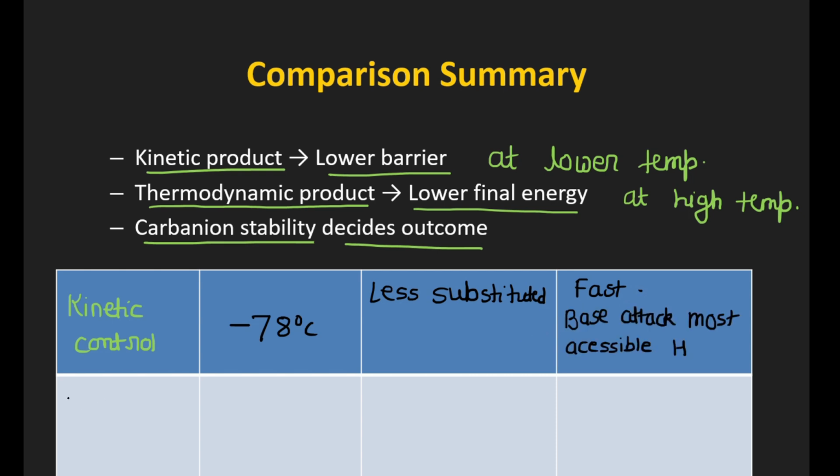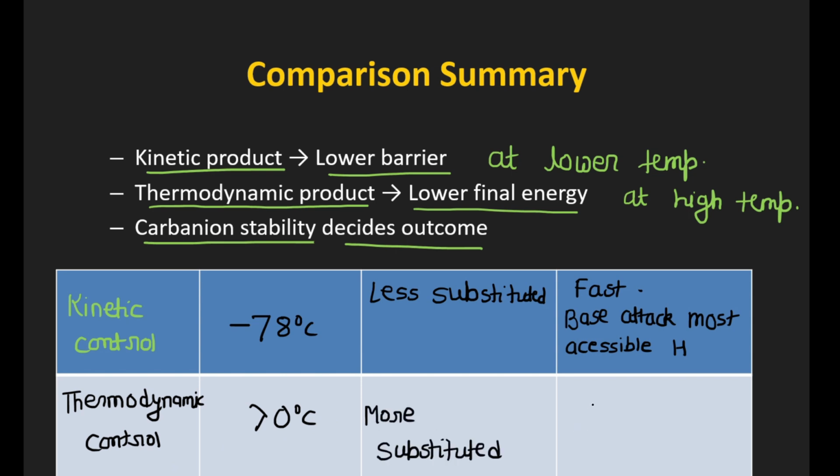But if you see the thermodynamic control, this always happens at high temperature, meaning more than 0 degrees centigrade, and now you are getting the more substituted product. And this happens because we want stability, because now we have more energy for finding stability. So, a more stable alkene with more alkyl groups.